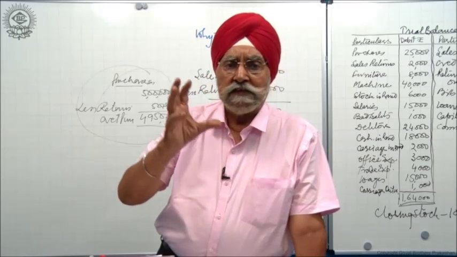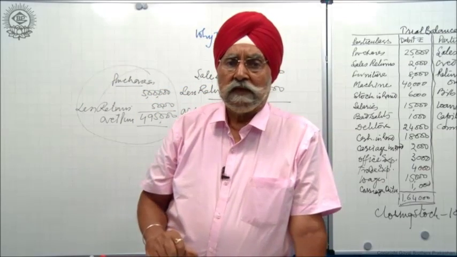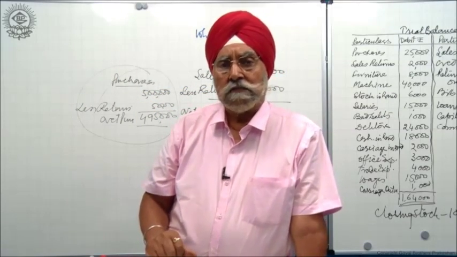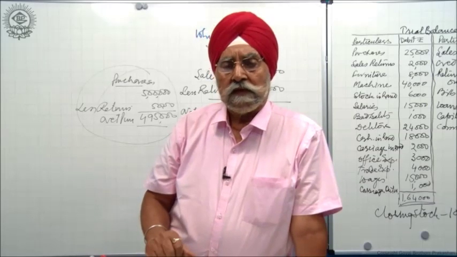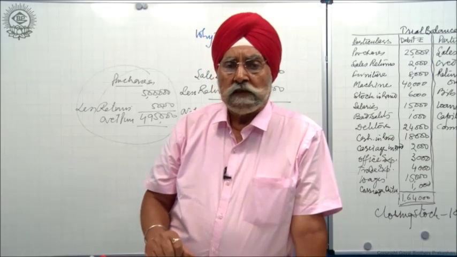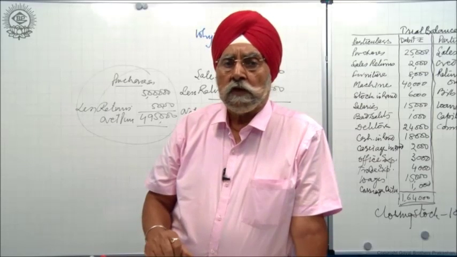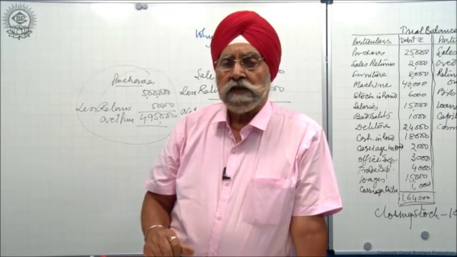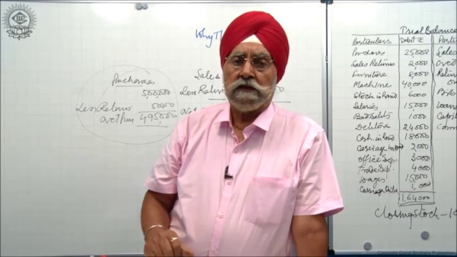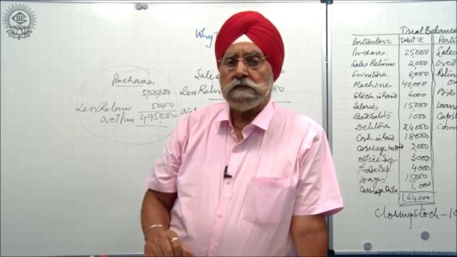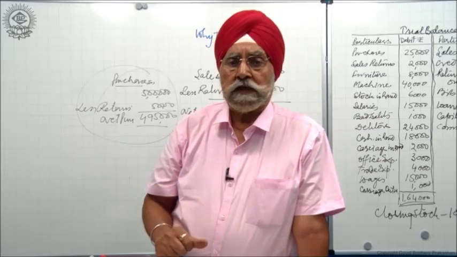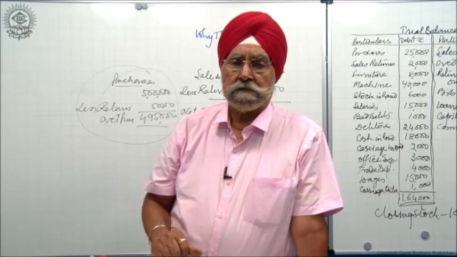Supposing this light is there in the office. Now, in the office, there are a large number of people working. Some people are operating the computers, some people are operating some other electrical gadgets. Some people are operating some typewriter, they are typing some letters.